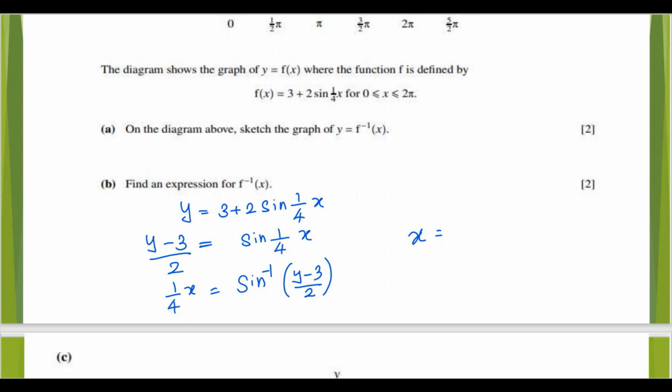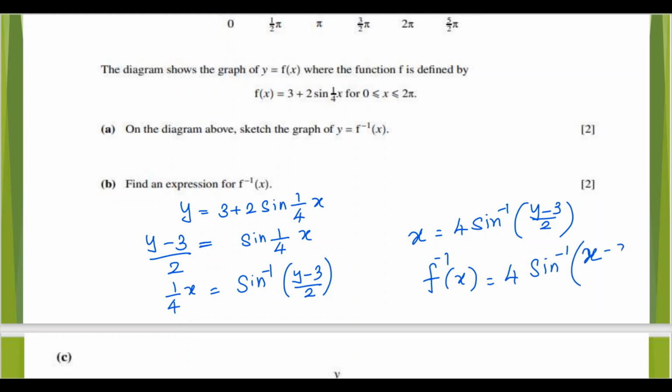So x equal to 4 sine inverse of y minus 3 divided by 2. So now replace x by y and y by x. You will get f inverse of x equal to 4 sine inverse of x minus 3 divided by 2.